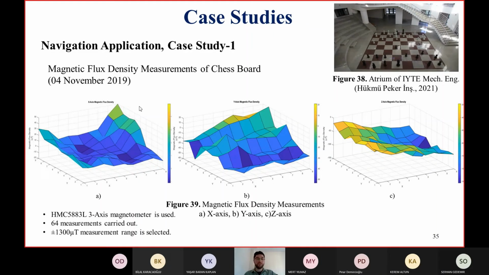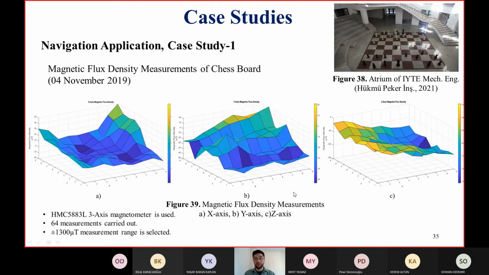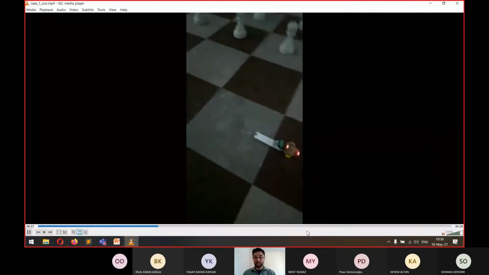And I measured the magnetic flux density at each corner of this chessboard on 4th of November 2019. And as you see, the distribution of the magnetic flux density is not equal. Therefore, my car is affected. Let me show you the video of this motion.